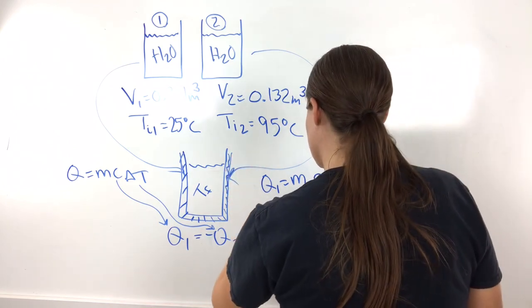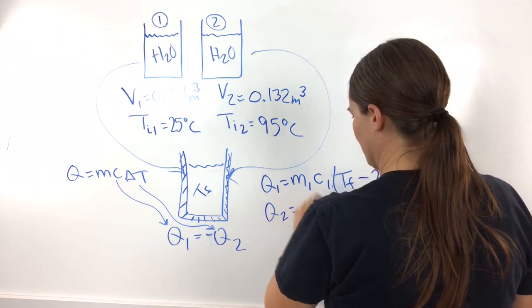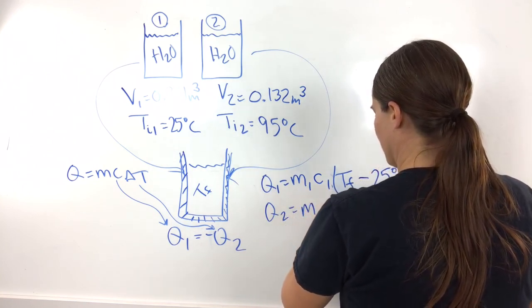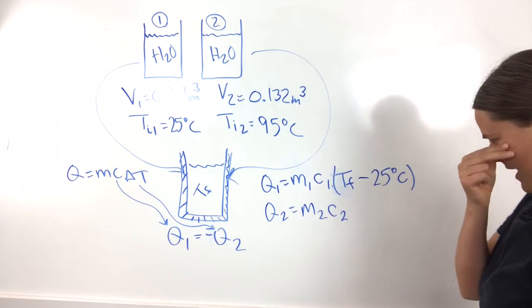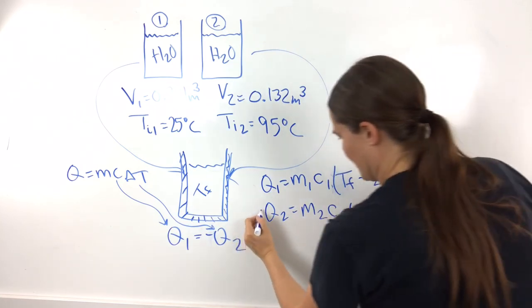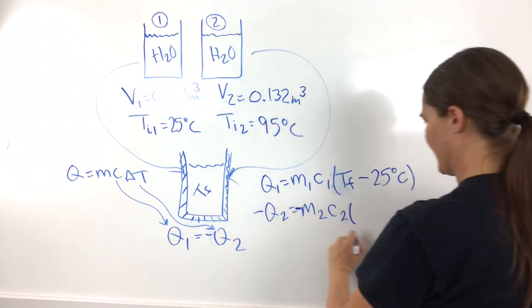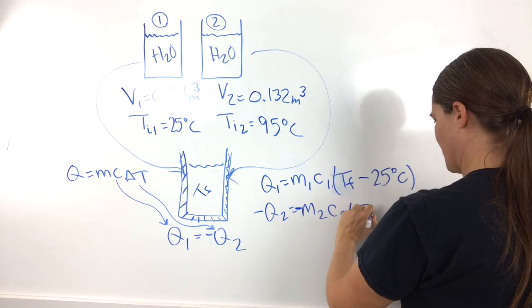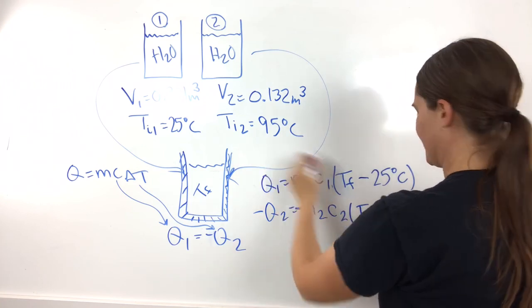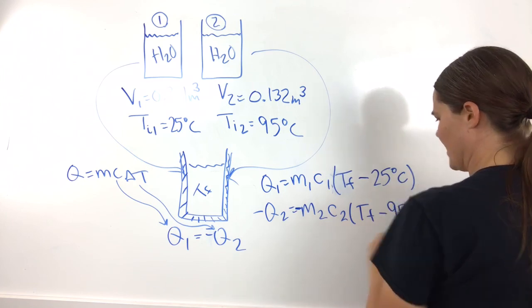And then Q2 is equal to the mass of 2 multiplied by C2, and this is negative, remember that. So this is temperature final minus 95 degrees Celsius.